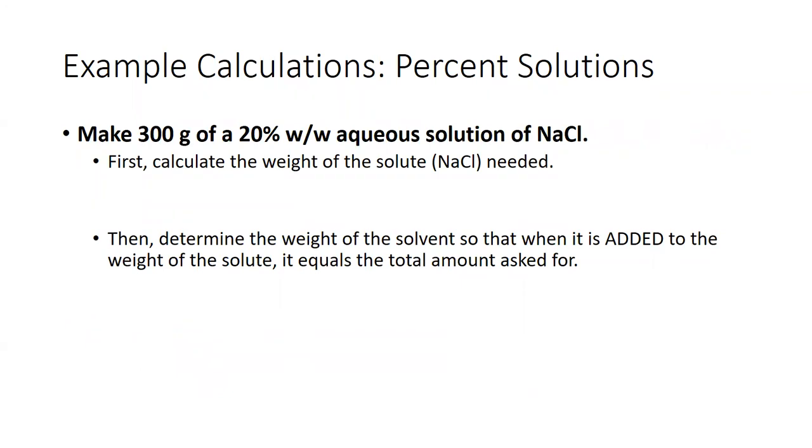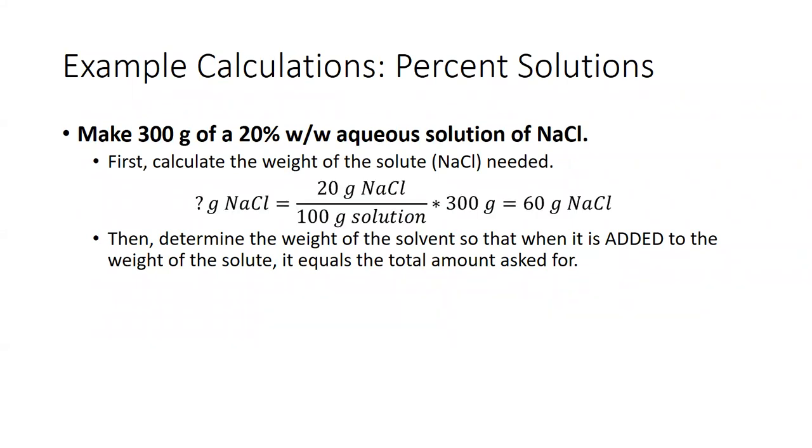So our next question is to make 300 grams of a 20% weight by weight aqueous solution of sodium chloride. So first we need to calculate the weight of solute or sodium chloride that we need. So to do that, we want 20% weight by weight. So 20 grams over 100 grams times 300 grams.